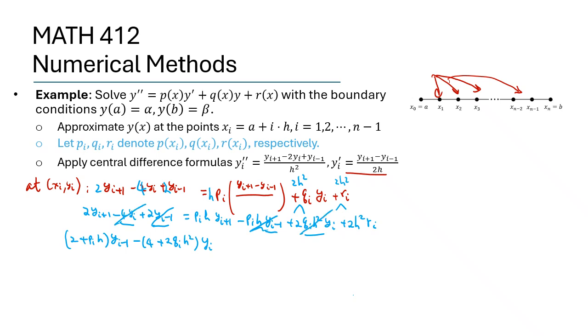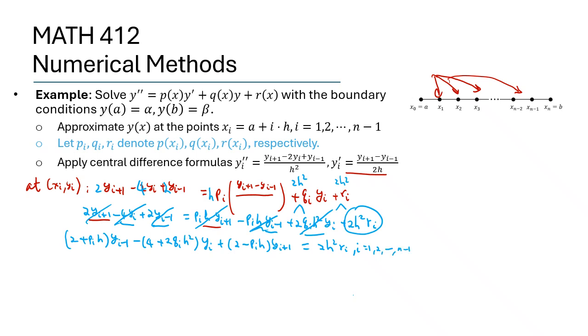These two terms are processed. Now y sub i plus 1: we have these two terms, that's 2 minus p sub i h, times yi plus 1. That's processed. We have this left, 2h squared r sub i. That's the formula, for i equal to 1, 2, until n minus 1.